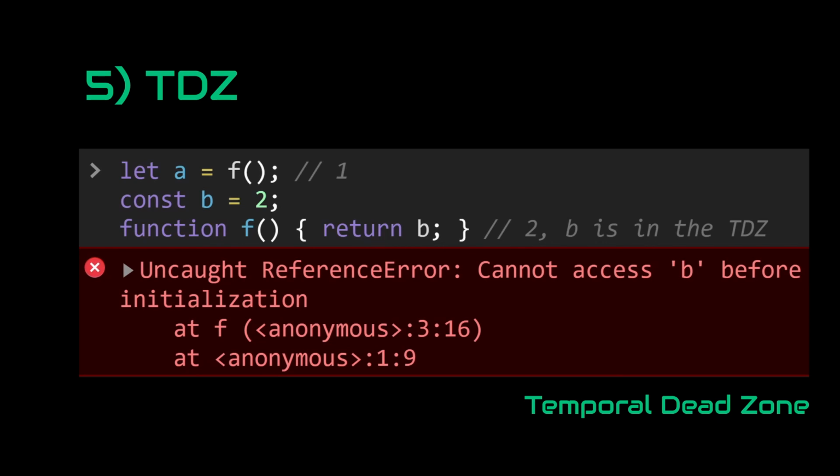When the function was called, the b exists in the code, however, it is not processed by the JavaScript engine yet. As a result, we got an error, which is actually one of the most useful features of the TDZ, finding and debugging errors. If you want to learn more about TDZ, I also suggest you look up the behavior of hoisting as well.